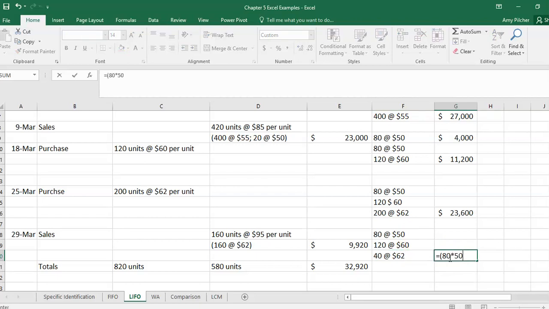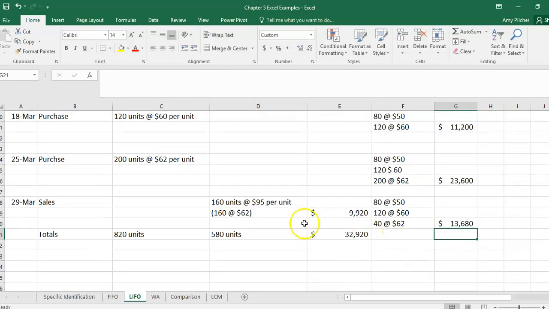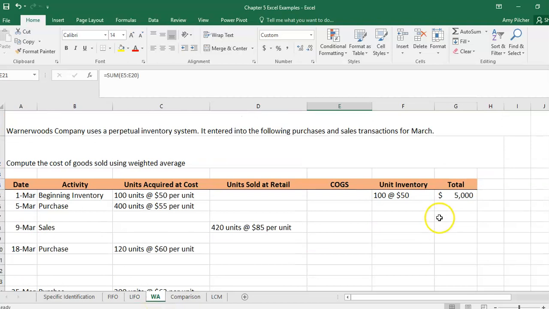That is 80 times 50 plus 120 times 60 plus 40 times 62. And our last inventory costing is weighted average costing.